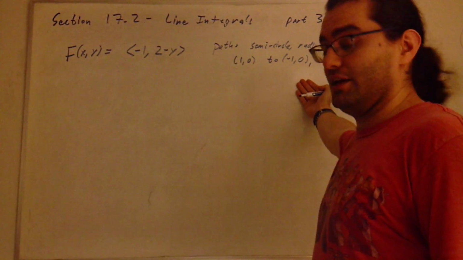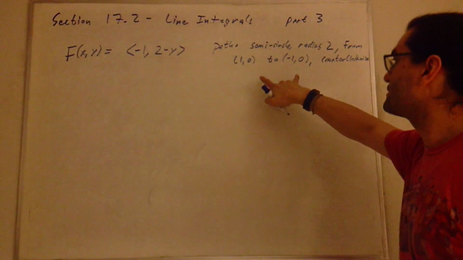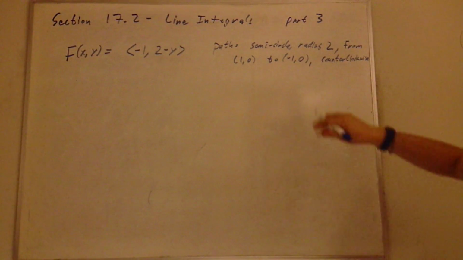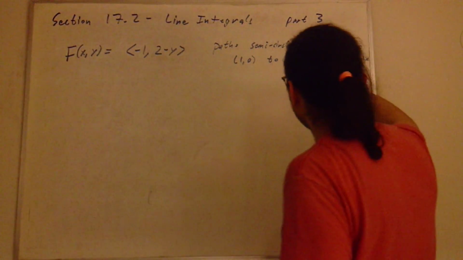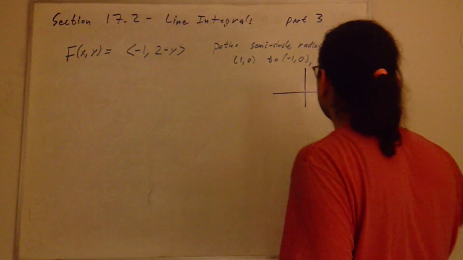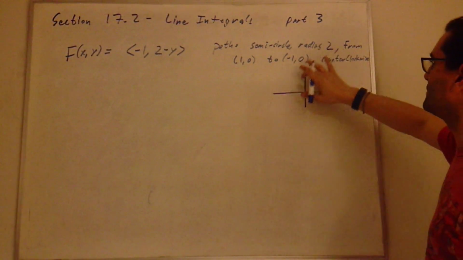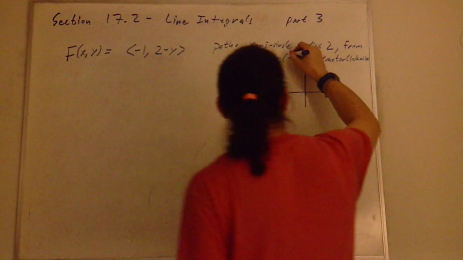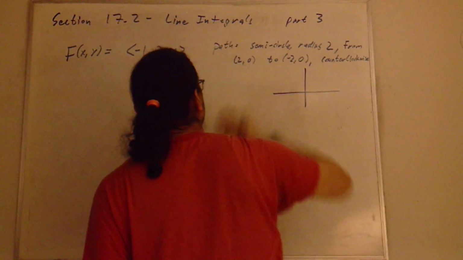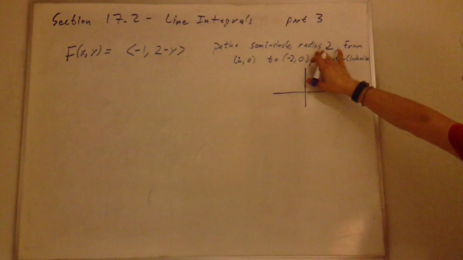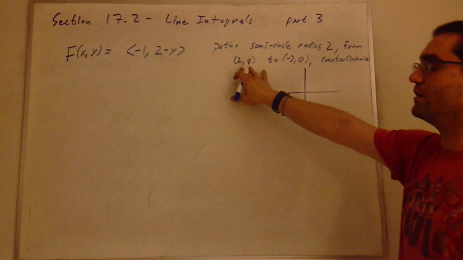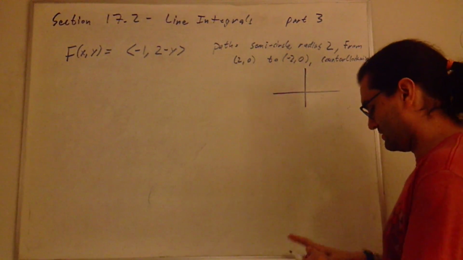This path right here is relatively straightforward for us. For this path, we want a semicircle counterclockwise. If it's radius 2, it's got to start here and here. We want it to have a radius of 2. We want it to start at 2, 0 on the x-axis. Let me use red for the path.